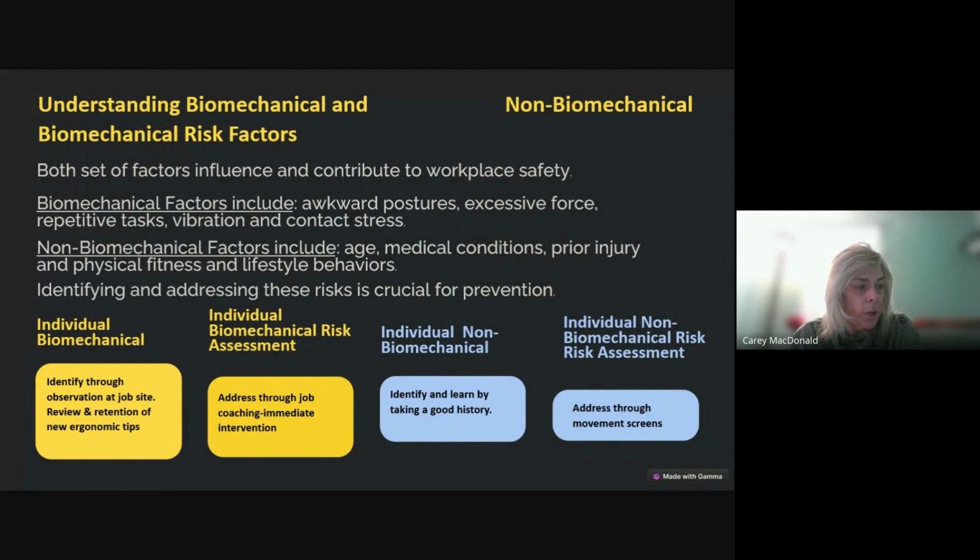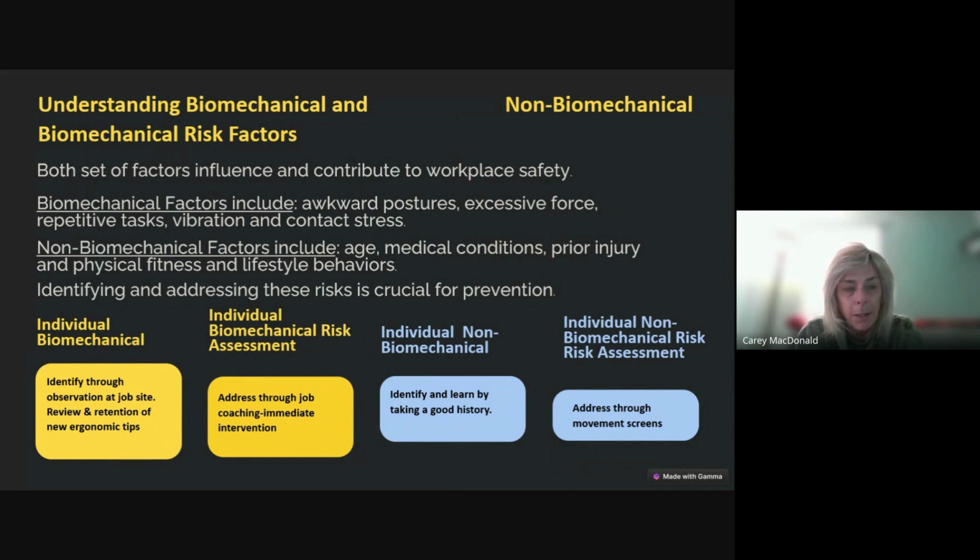So what I thought was an important factor was when we're trying to explain to people or workers, what is it that we do? Why are we there? Why are we on site, right? And they think, oh, to prevent injuries, to prevent lost time and whatnot. But it basically falls into 2 aspects. It will fall into biomechanical and non-biomechanical.